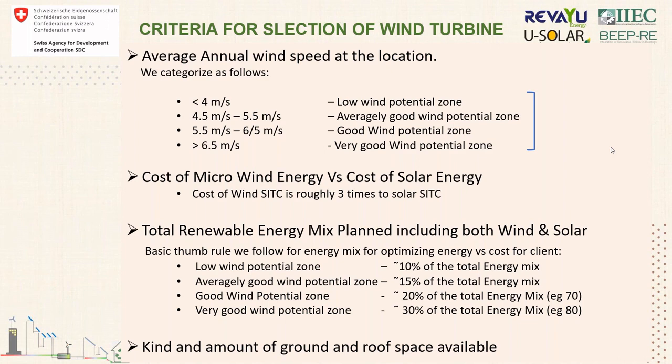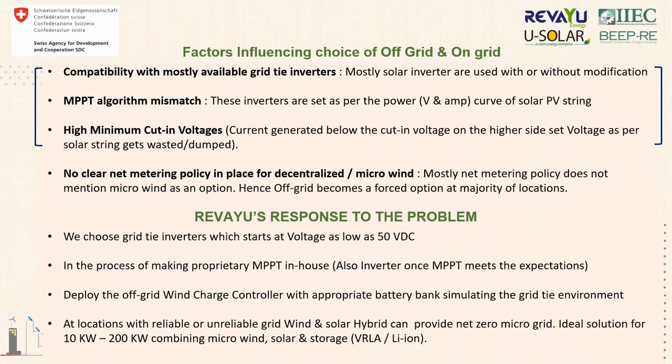But with wind, we still require either ground or roof, some kind of horizontal, plane surface where we can mount. And even at ground level, wherever there is uneven land, we first need to do ground leveling. So yes, space is also a criterion before choosing wind.